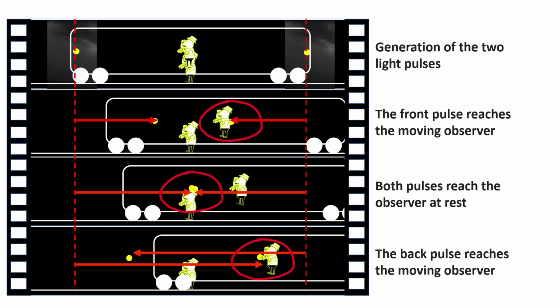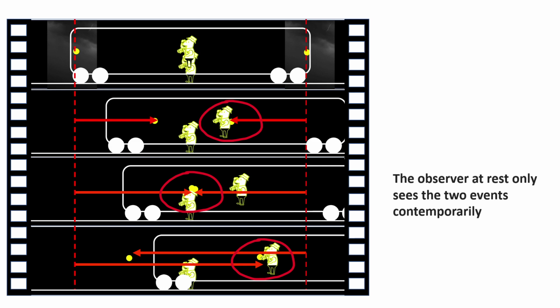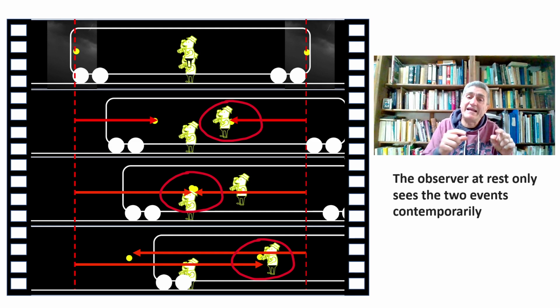This is the story as seen by the observer at rest. From the moving observer's point of view, the two lightnings were not contemporary, and the observer at rest sees them contemporarily only because he is moving toward the back. This is what is meant by the term relativity of simultaneity.